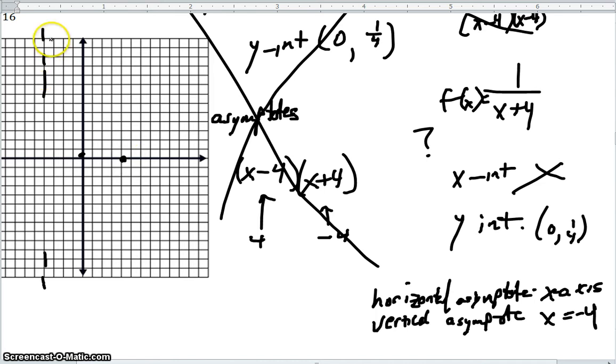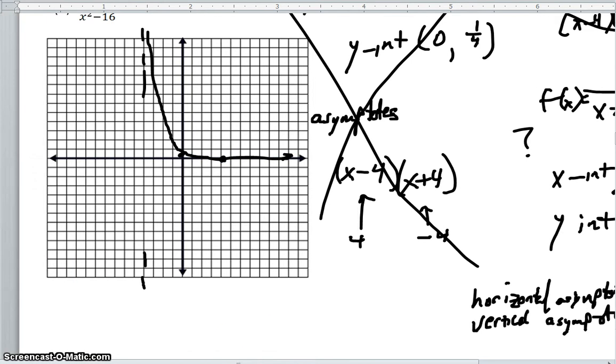So it's got to follow this, go through the y-axis at 1/4, and then it's just going to follow the x-axis like that. And then this way, it's going to go the other way. Like that. So there is your graph.